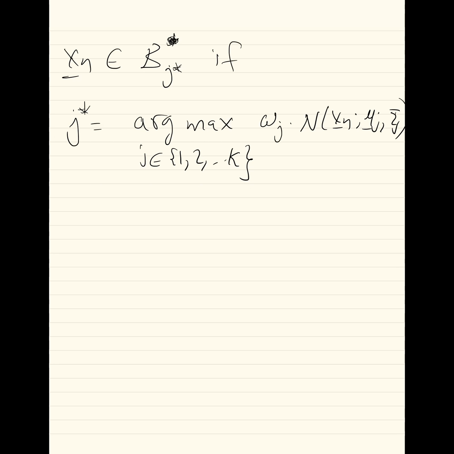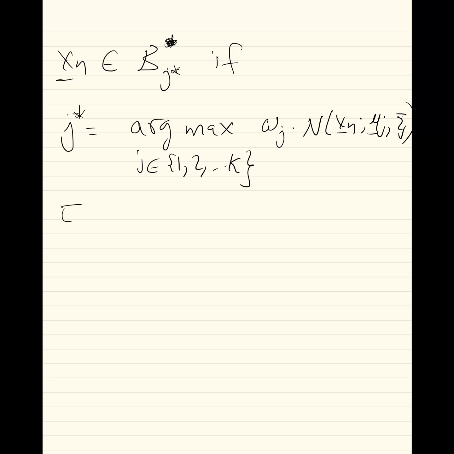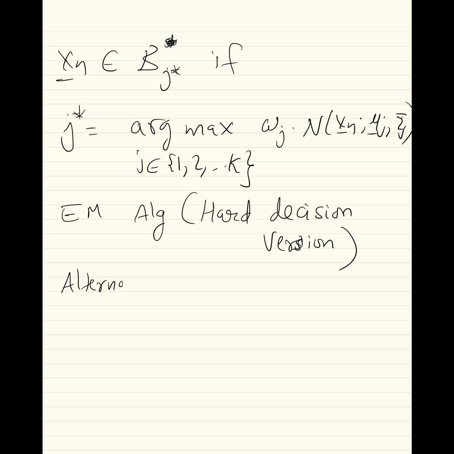You alternate between them. This is exactly the idea we had for k-means. So in the EM algorithm, and this is called the hard decision version for reasons that will be clear shortly, you alternate between problem number 1 and 2.